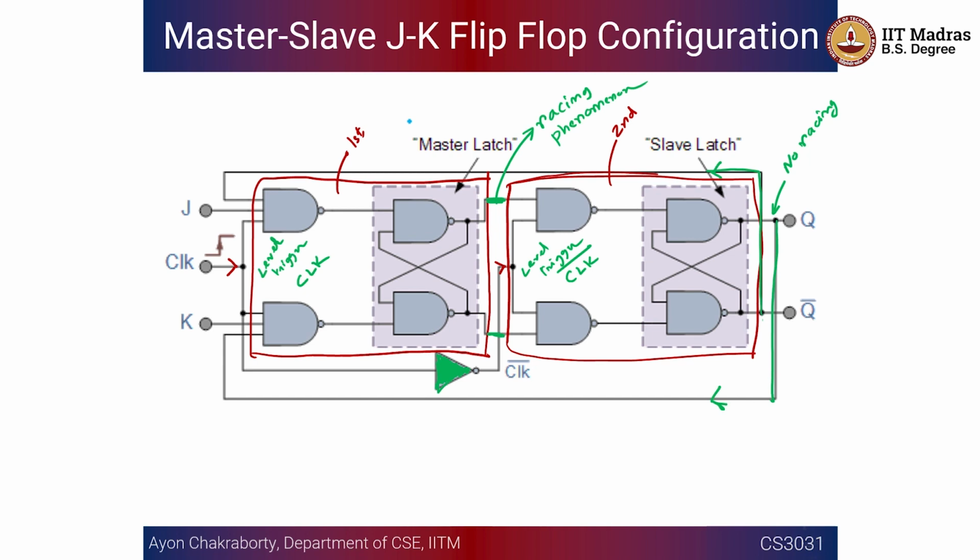Only from the second latch or the slave latch there is a feedback. This feedback is there. Okay, feedback from slave output to JK inputs. Okay, and here we are having no feedbacks.